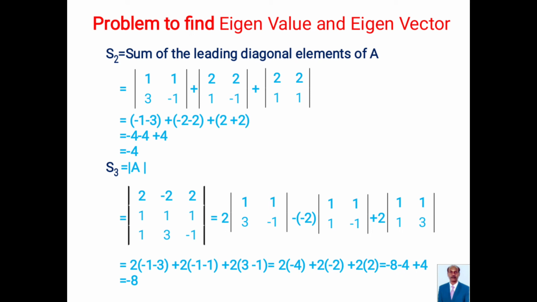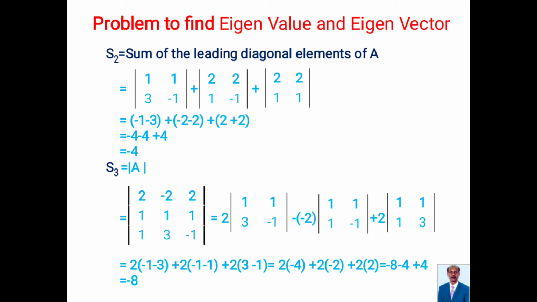If we omit the first row and second column, we get 1 1 1 minus 1. Then we consider the third element in the first row, that is plus 2. If we cancel the first row and third column, we get 1 1 1 3. Then we use cross multiplication, which we already discussed. If you simplify it, we get the S3 value equal to minus 8.